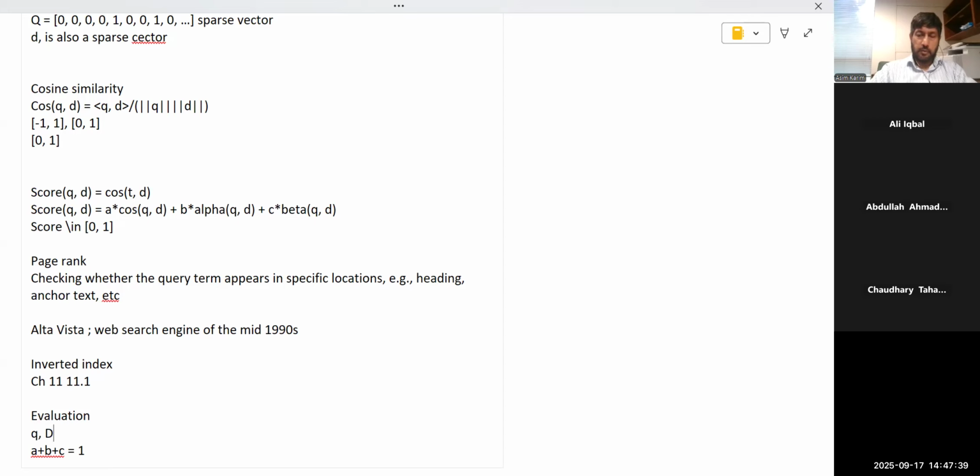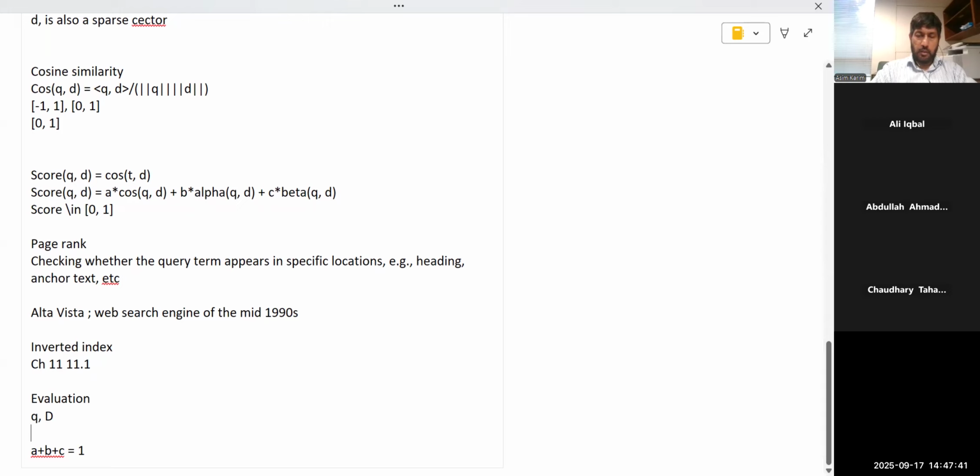So for each query, you have a set of retrieved documents. So retrieved को मैं RD कह देता हूँ. So this is a set of docs.